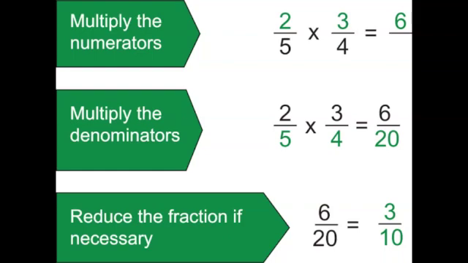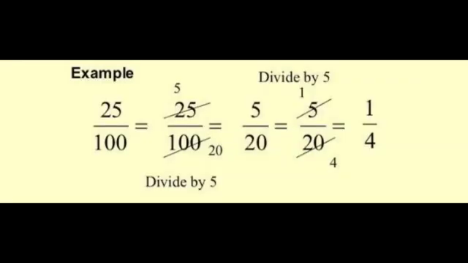Otherwise, if both are divisible by a common multiple, we can cancel the numerator and denominator and convert into simplest form. And another method is the cancelling method. In the cancelling method, we can cancel the numerator and denominator of a fraction if both are divisible by a common multiple.